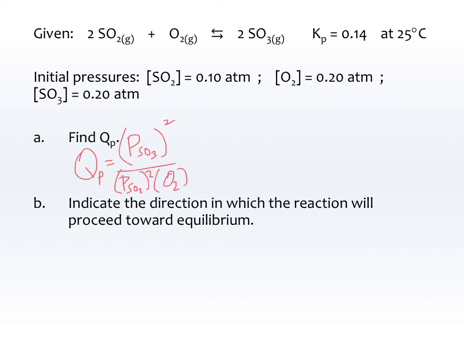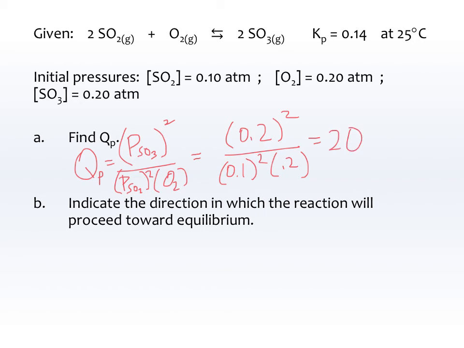You have to watch out when the College Board asks you for a QP or a KP that you do not use brackets, which indicates concentration, but you have to use the capital P with a subscript of whatever substance you're looking for. So same formula, the pressure of SO3 is 0.2 atmospheres squared. The pressure of SO2 is 0.1 squared, and O2 is 0.2 not squared. 0.2 squared over 0.1 squared times 0.2 is 20.